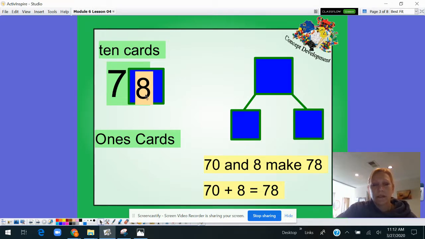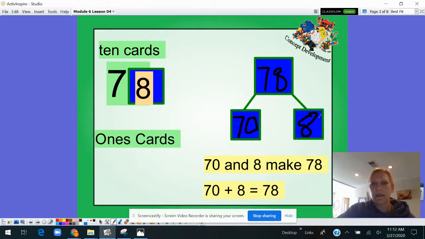Awesome, you're correct. So we have 70 as our number. We also have 8. So what number did we make? We have 7 tens and 8 ones.